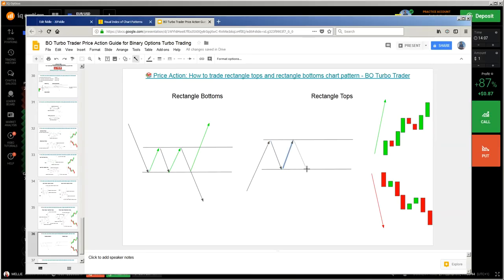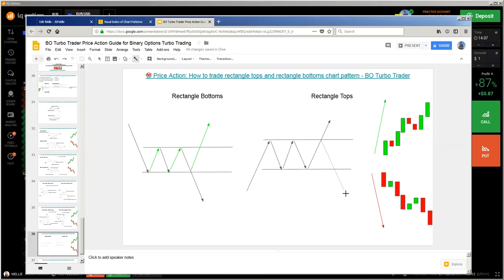You have to check for 2 touches of the trend lines, and then this is confirmed. So 1, 2, or 1, 2, 1, 2. These were 2 touches of every trend line, and then you can decide what is going on. More often this will break down, but I would not count on it.